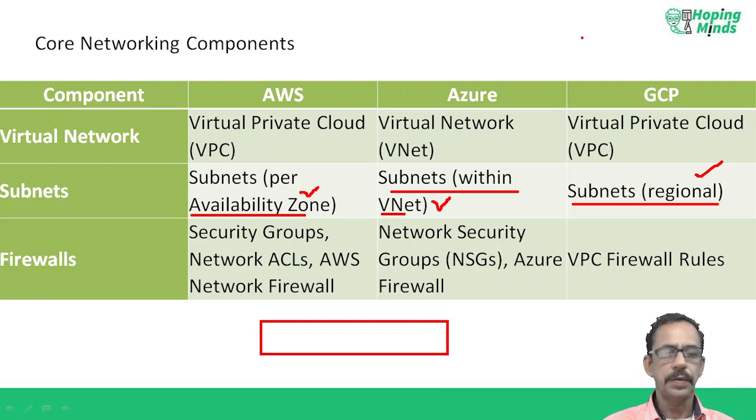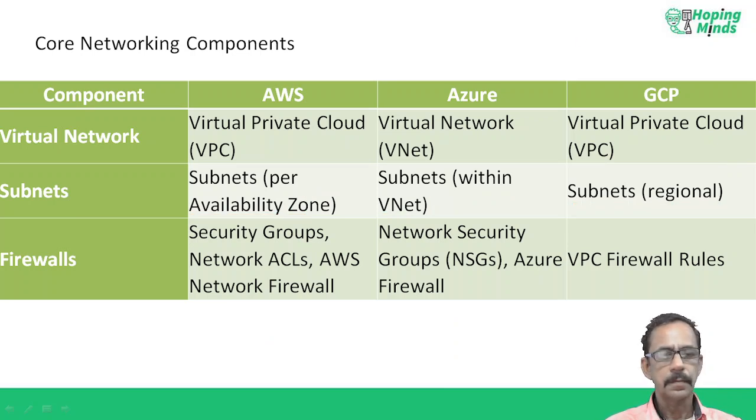And the third component is the firewall. You know the word firewall that we use for the security of that network. That is the security for that particular network, with the help of security groups, with the help of NACL, with the help of network firewall.